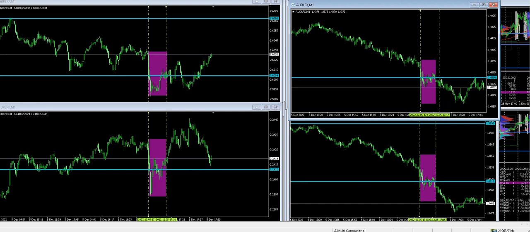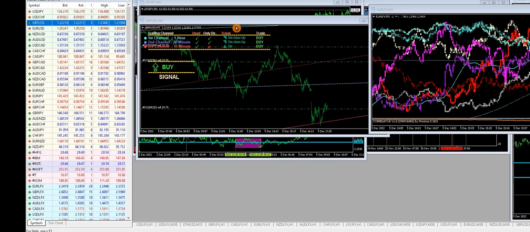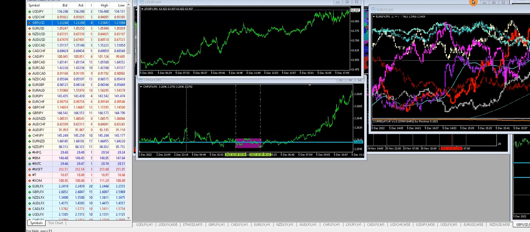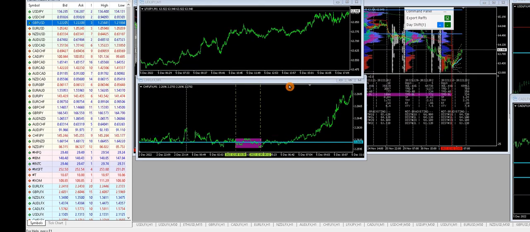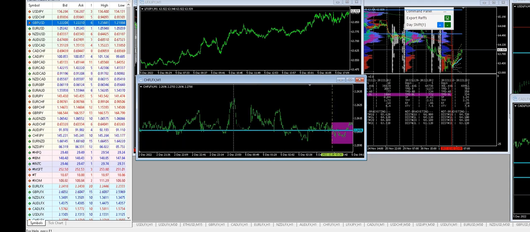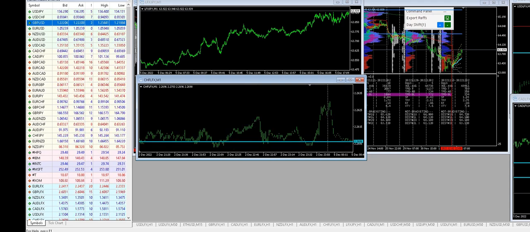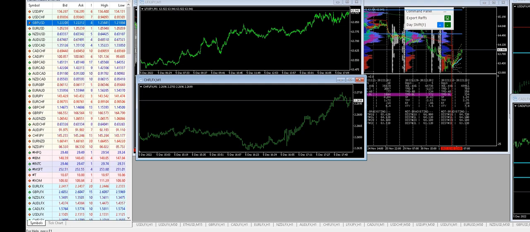Two more here. 5 o'clock. Swiss is miles above it.